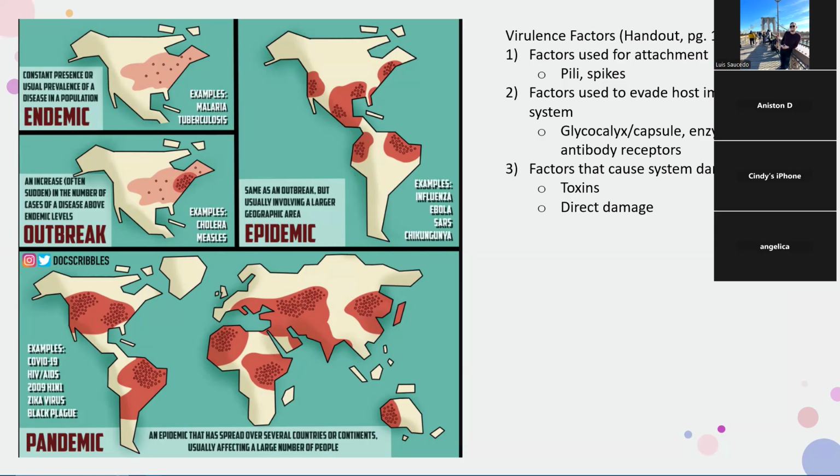And then there are things that they can do to cause damage in our body to make it easier for them to invade. Things like releasing toxins, like the endotoxin we talked about, or direct damage where they actually destroy our cells to slow down our body's ability to fight them off.